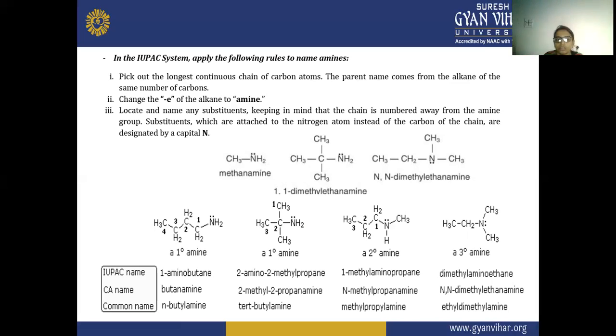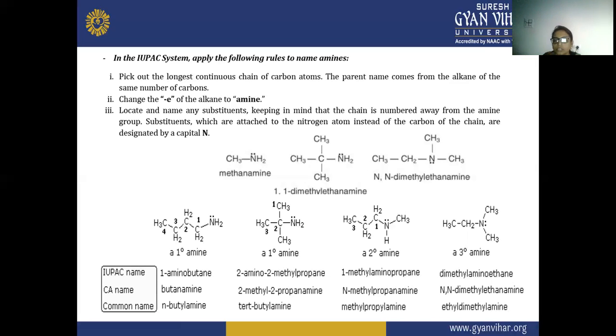The second one, you can see, is named 1,1-dimethyl ethanamine. There are two carbon atoms in the chain, and two methyl groups are attached to the first carbon atom, which is attached to the nitrogen atom. So its name is 1,1-dimethyl ethanamine.